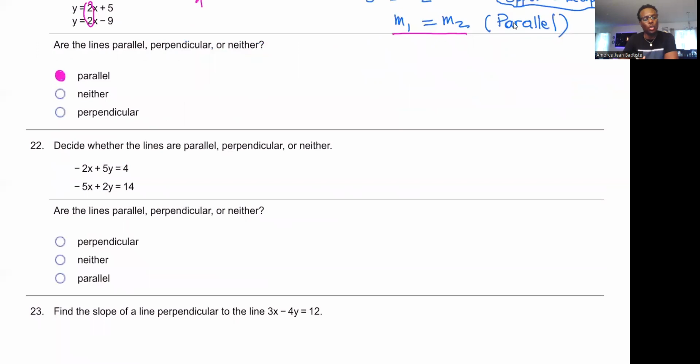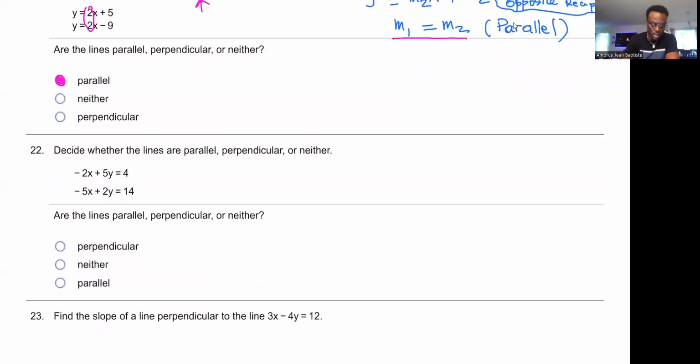Well, for these two, we don't know yet. That's why we want to put the lines in slope-intercept form, which means y equals mx plus b, solving for y. So let's add 2x on both sides.